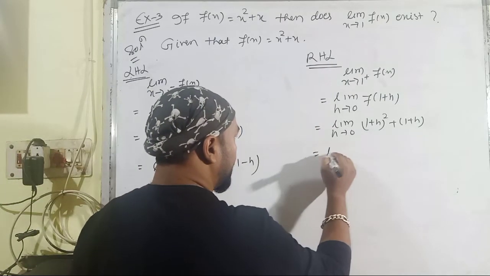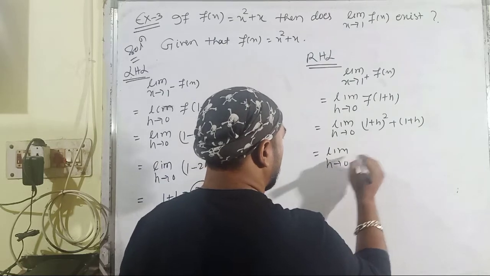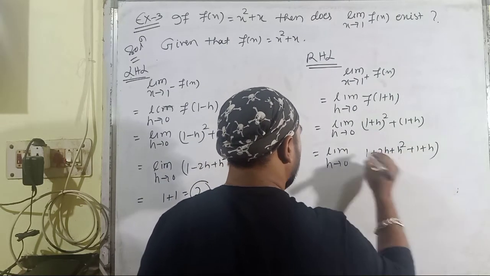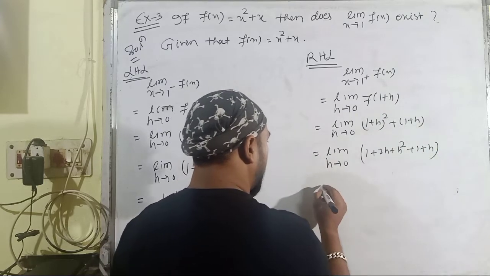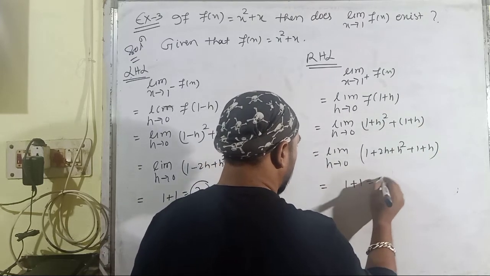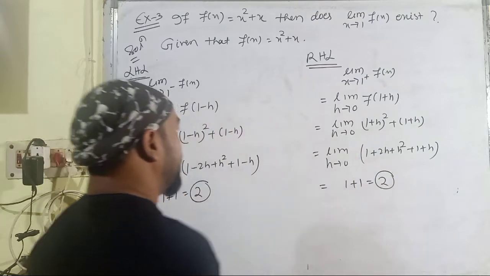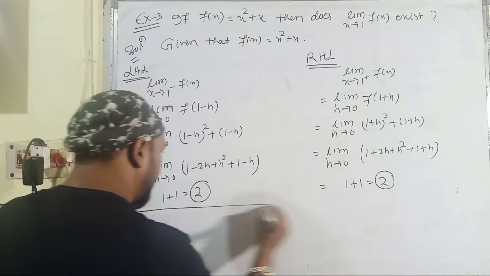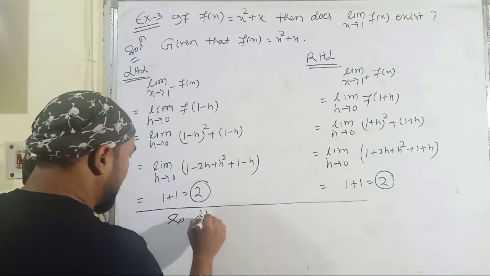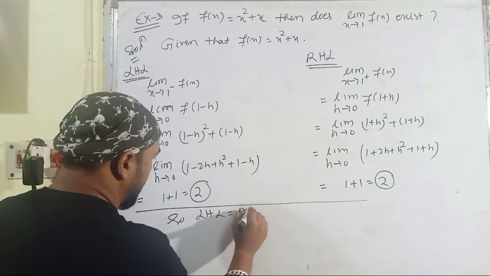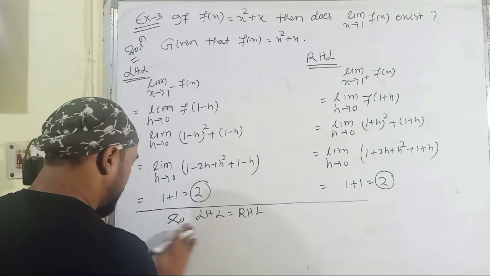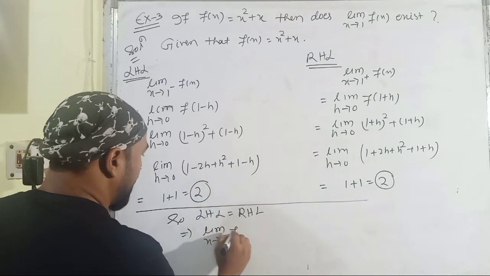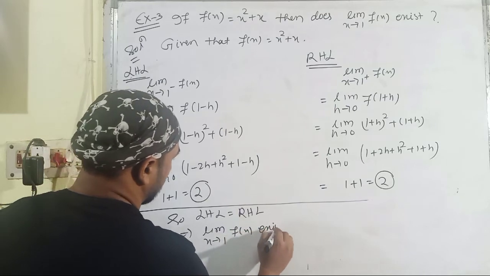Similarly here, limit h tends to 0, it is 1 plus 2h plus h square plus 1 plus h. Just by putting this value of h here, we have 1 plus 1 is equal to 2, and you can say that the left hand limit is very much equal to the right hand limit. That implies limit x tends to 1 f of x exists here.